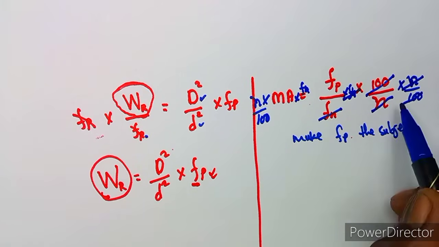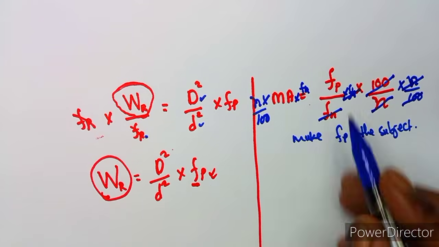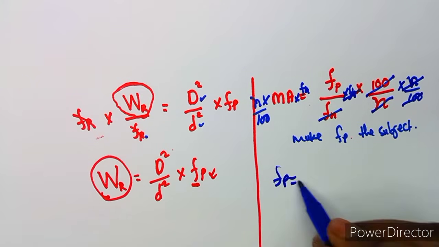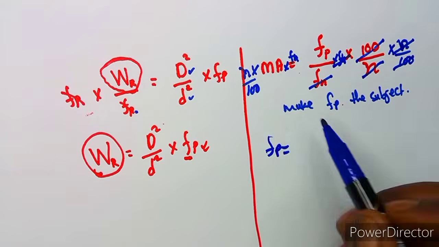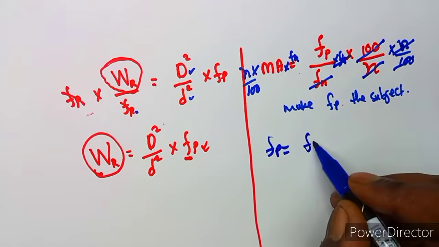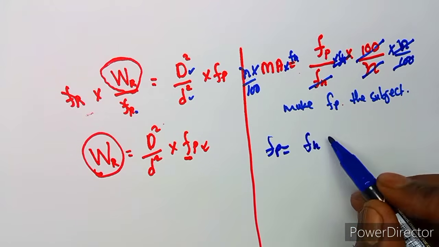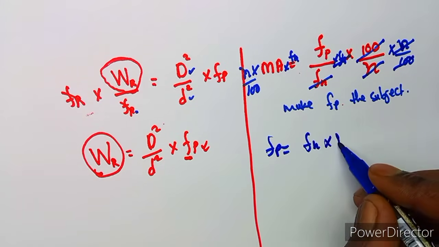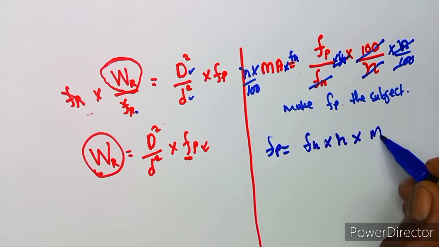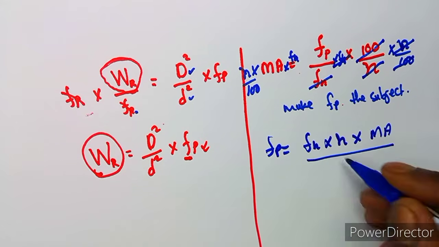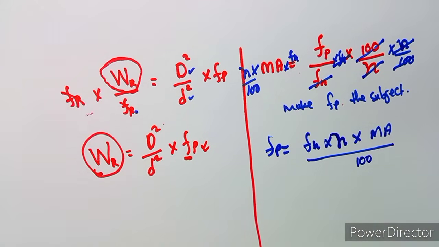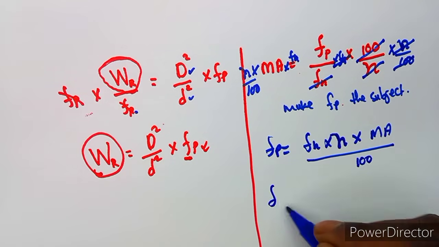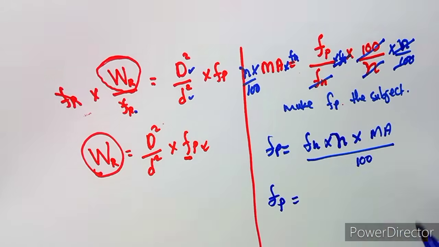So your FP is going to be written as FH times the efficiency times MA, everything over 100, or just efficiency over 100, it is one and the same thing. So that's your force on the plunger here.